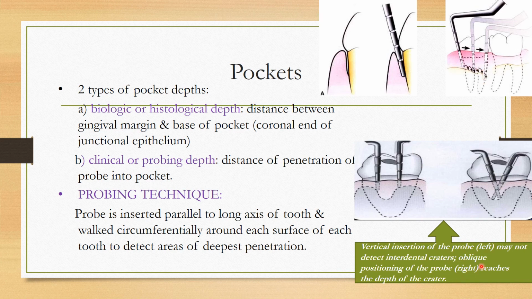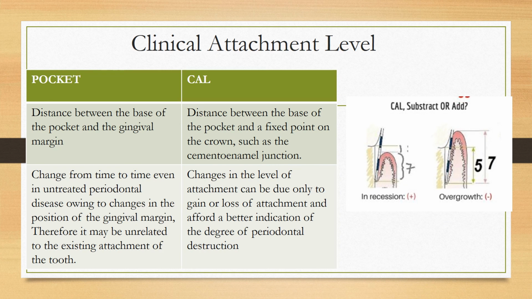Vertical insertion of the probe may not detect interdental spaces, as we said. So by placing it obliquely, with tactile sensitivity you will find out the depth of the craters. So coming to the determination of clinical attachment level, first we want to know the difference between pocket depth and clinical attachment level.